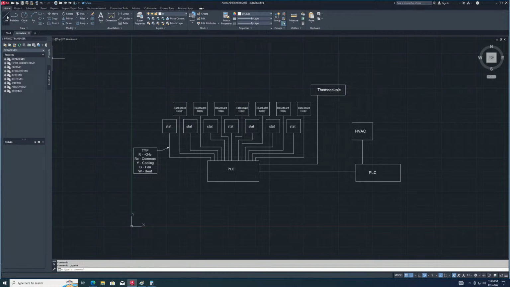Now I do also have a thermostat for the main house.